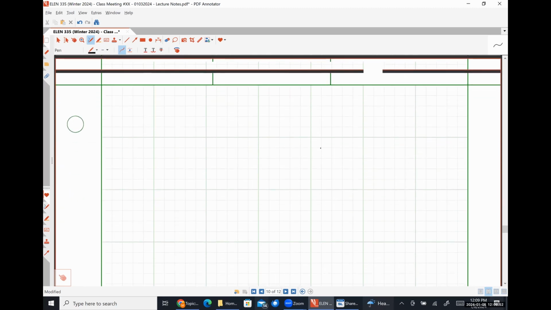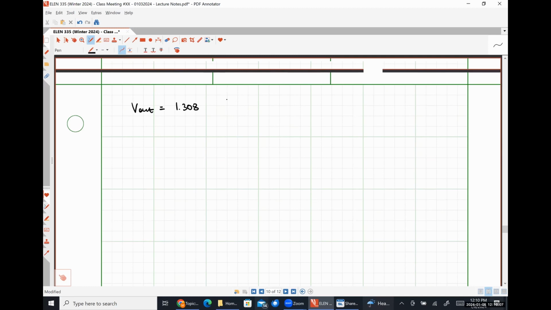So putting these results together, our output voltage is just going to be 1.308, so that's totally a 6, minus 26.610 cosine whatever omega t is in millivolts.